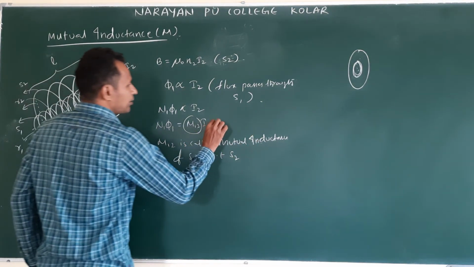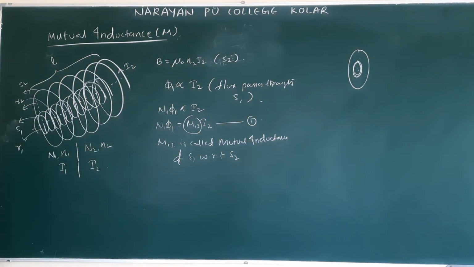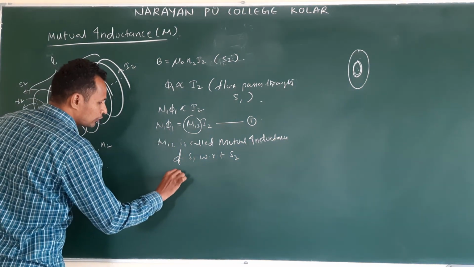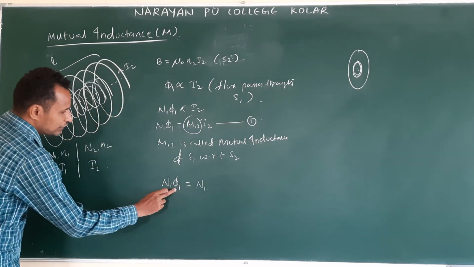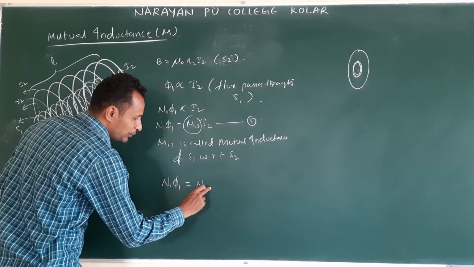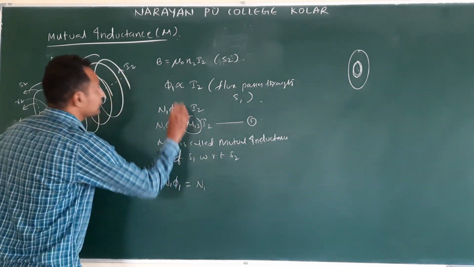Clear? This I am taking as equation 1. Now we will try to find N1 phi 1. N1 as it is; phi 1 is the flux crossing the inner coil. Flux crossing the inner coil means the magnetic field crossing through this area. Which magnetic field is crossing?